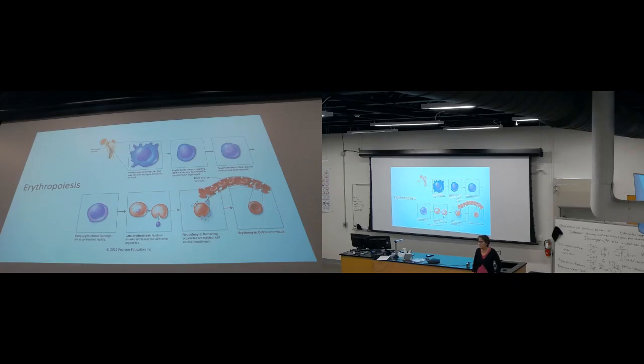They wait a few days, like 7 or so, because this process takes about 7 days. And if they don't see an increase in reticulocytes, like if they don't see an increase greater than 1%, that means that the bone marrow is not functioning.